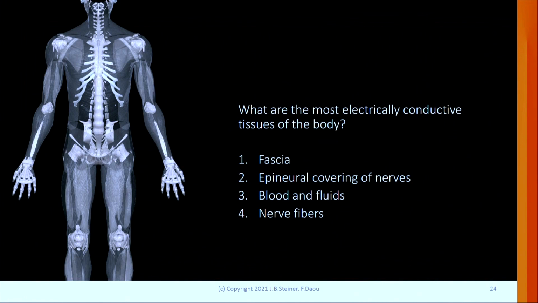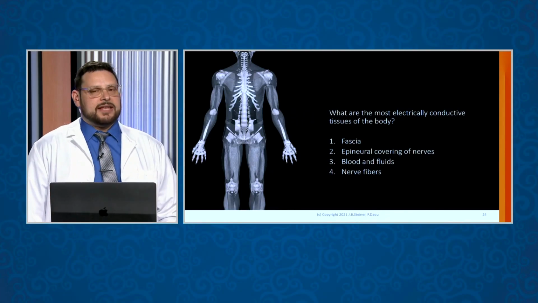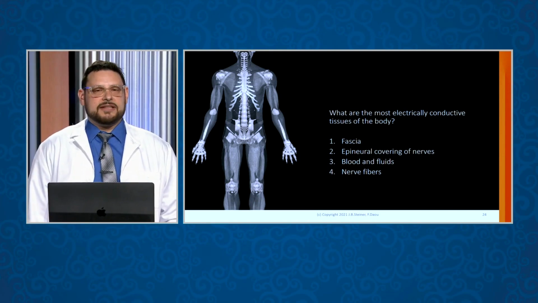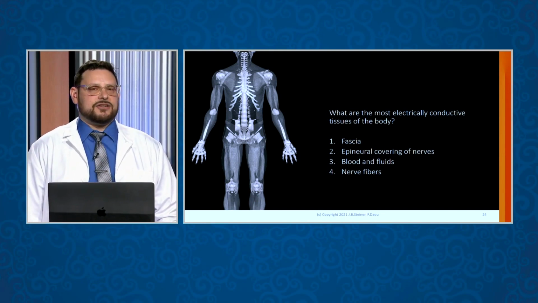So then we can ask, what are the most electrically conductive tissues of the body? And this will help you when you're talking to other acupuncturists or other practitioners who have the current belief or paradigm that the acupuncture channel system is the same exact thing as the nervous system.